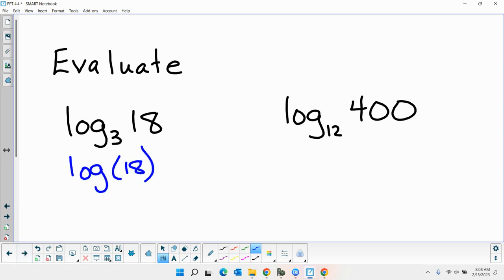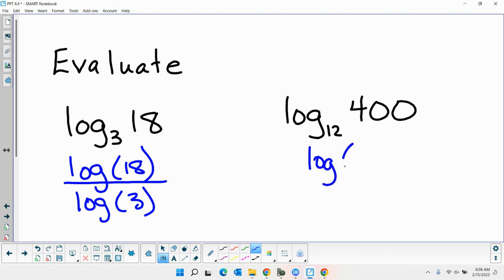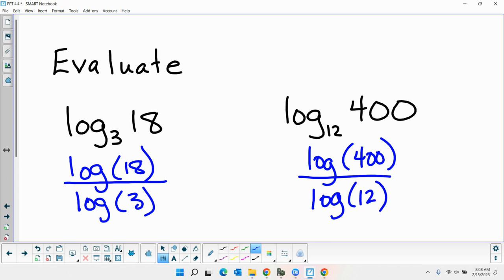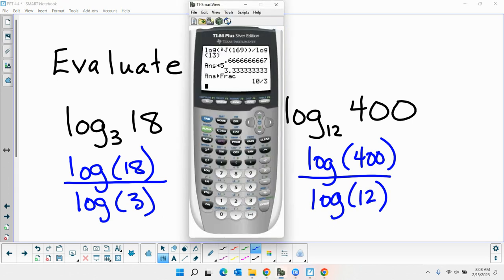Log of 18, close it off, divided by log of 3, close it off. Remember, the base is 3, goes in the basement of your fraction, right? Over here, log of 400 divided by log of 12. Okay? Easy problems, right? We shouldn't be missing those when we actually get to our quiz, right?